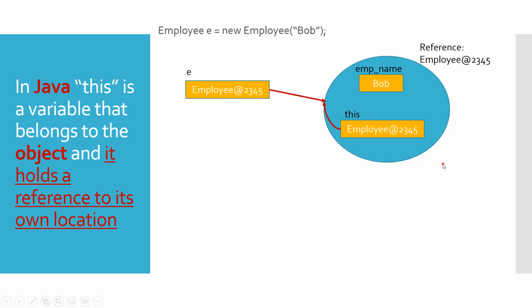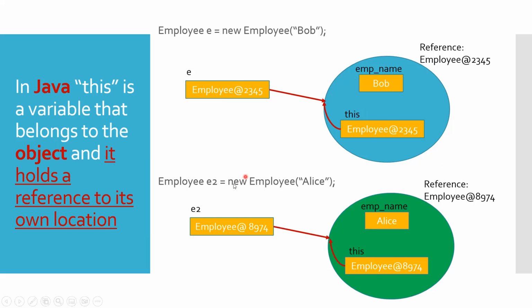When we define another object, say e2, it's the same process. Now there are the same variable names, but in different locations. Here there's an empName, and here there's an empName. Here there's a this, and here there's a this. The values inside the variables are different.